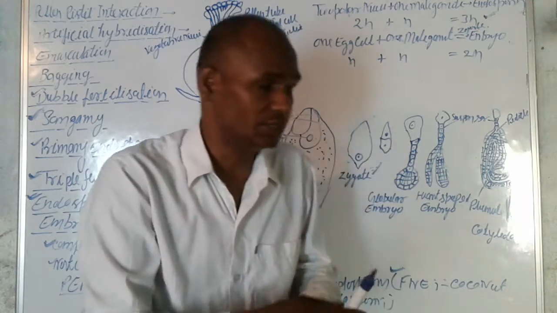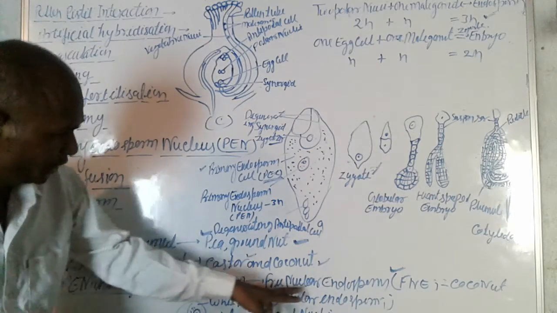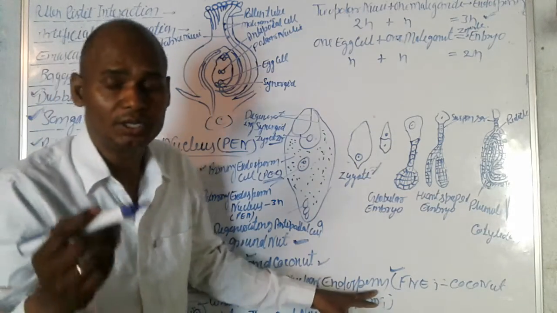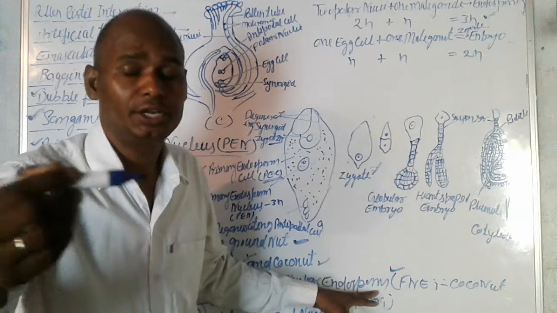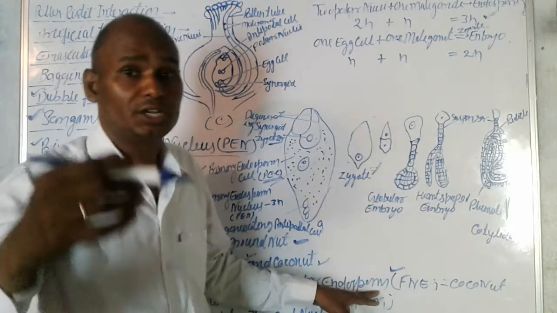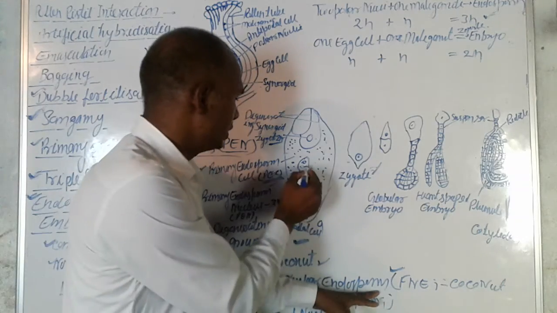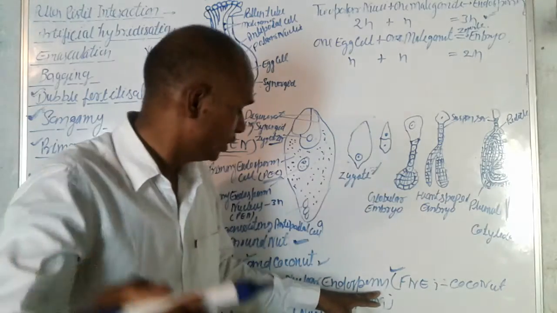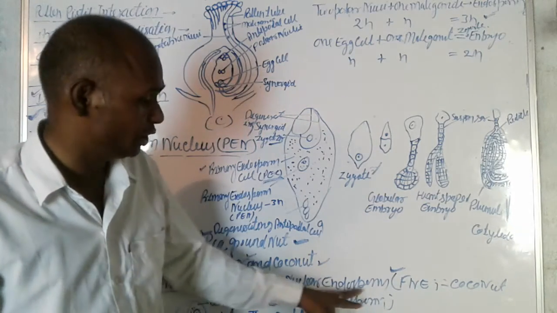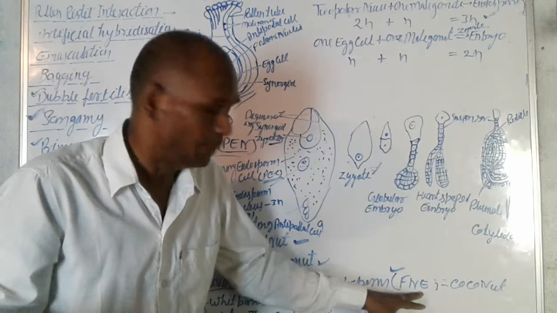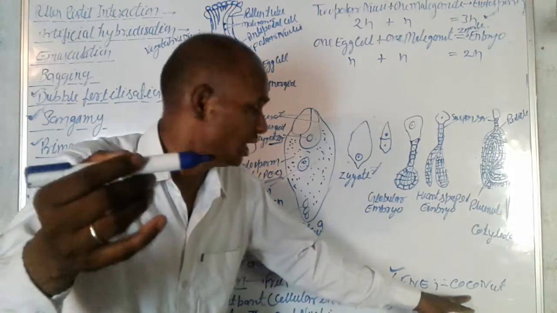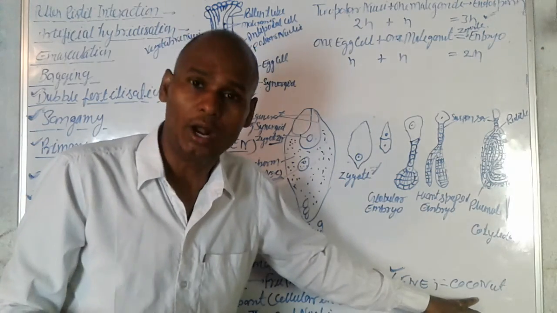So the water is the free nuclear endosperm. These are like 1000 nuclei. So this is the free nuclear endosperm, FNE. This occurs in coconut water.